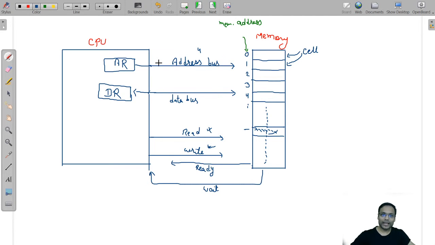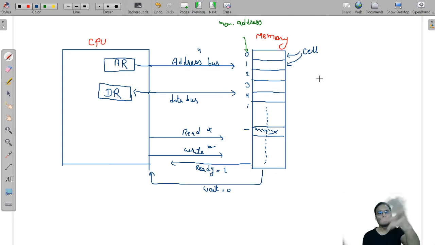The CPU can initiate the memory read or the memory write only when the ready signal is enabled and the wait signal is disabled. So the CPU will first check if the ready signal is enabled.